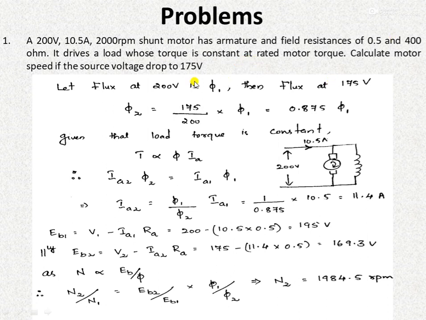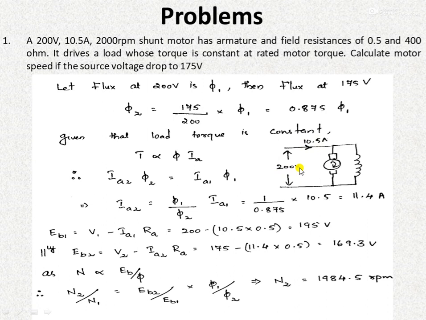So in this problem, the change in speed is achieved by reducing the voltage which is provided to the DC motor, that is actually the DC shunt motor. Whenever such sort of problems are asked, first you draw the simple basic diagram of the corresponding motor. Here it is actually the DC shunt motor. So the supply voltage which is being provided to this DC shunt motor is 200 volt and the supply current which is taken by this motor is 10.5 ampere.